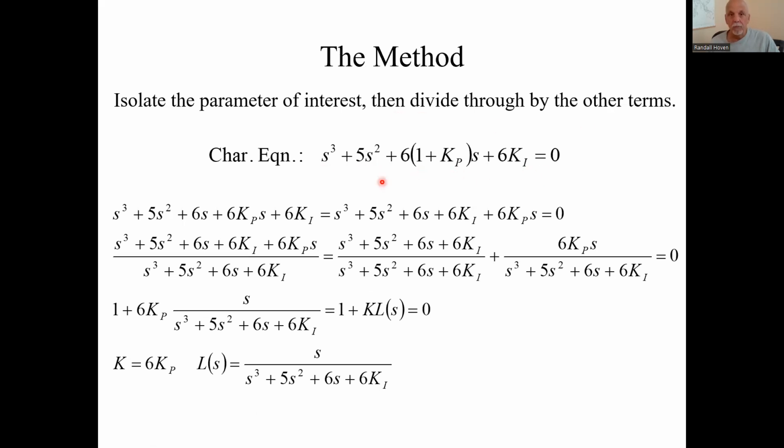Here was our characteristic equation. First, let's isolate the K sub P. Here it is, isolated. All these terms don't have K sub P in it, and this is all one term with K sub P. Now divide everything by all this stuff, everything but the K sub P term.